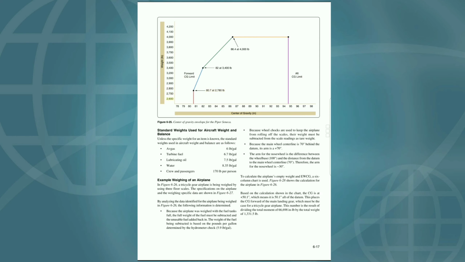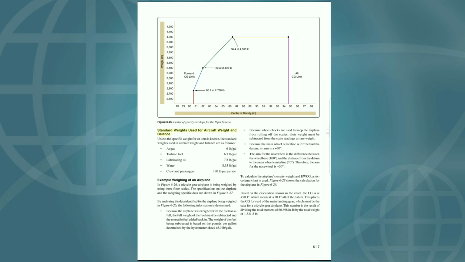Forward and aft CG limits. Center of gravity in inches, from 78 to 98. Center of gravity envelope for the Piper Seneca.